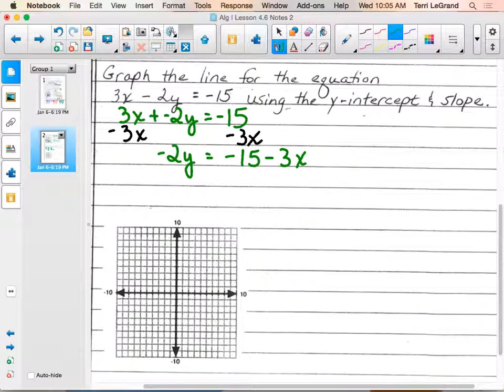Negative 15 subtract 3x. We're going to stop right here and change that subtraction now to add the opposite also. Because again, this is where it will mess up if you don't. So let's change this to add. What's the opposite of 3x? Negative 3x. So before you even move on, just take the time to do that. It's painless. Okay, what's our next move?